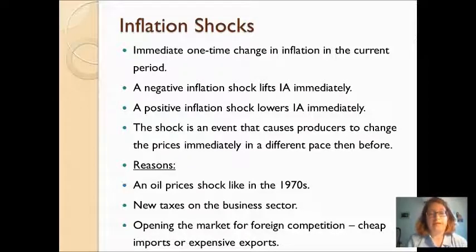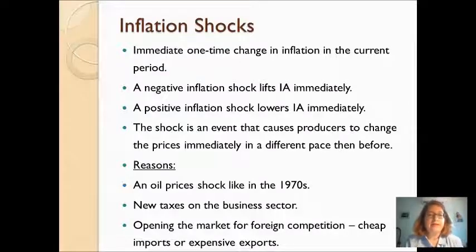So when inflation shock increases the inflation rate in the short run, it's a negative inflation shock because it's actually a negative effect on the economy. The positive inflation shock lowers IA, which means that inflation is lower, which is a good thing for the economy, and that's why it's called positive inflation shock.